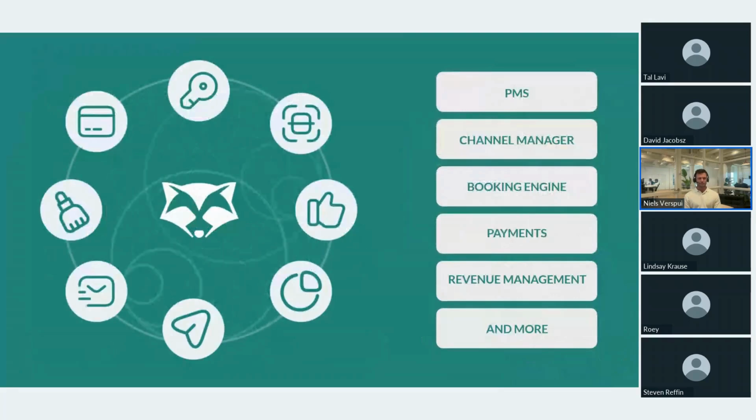So all the parts of our system are summarized here. We have a property management system where you can manage your operations from housekeeping, invoicing, etc., to our channel manager. This is where we tap into HyperGuest, and that's why I'm very excited about this integration, because at RoomRaccoon we were very advanced, but there was a part that we could improve, and that was the channel management connectivity to business, mainly the travel agent business.